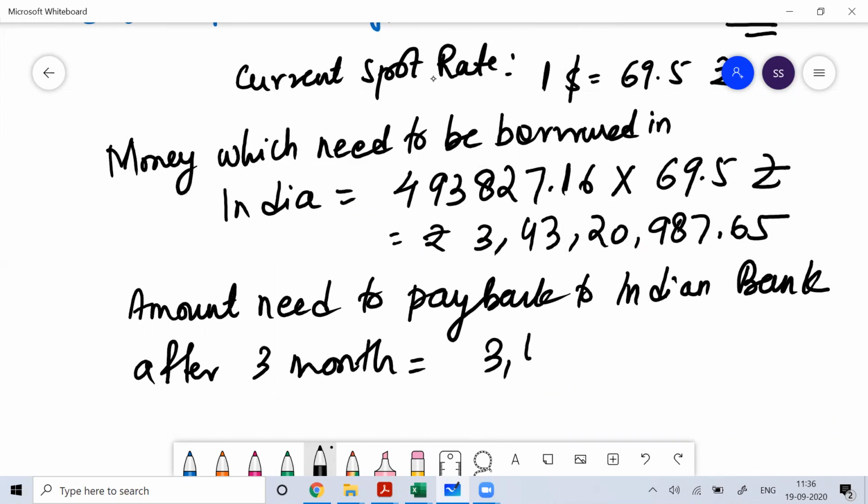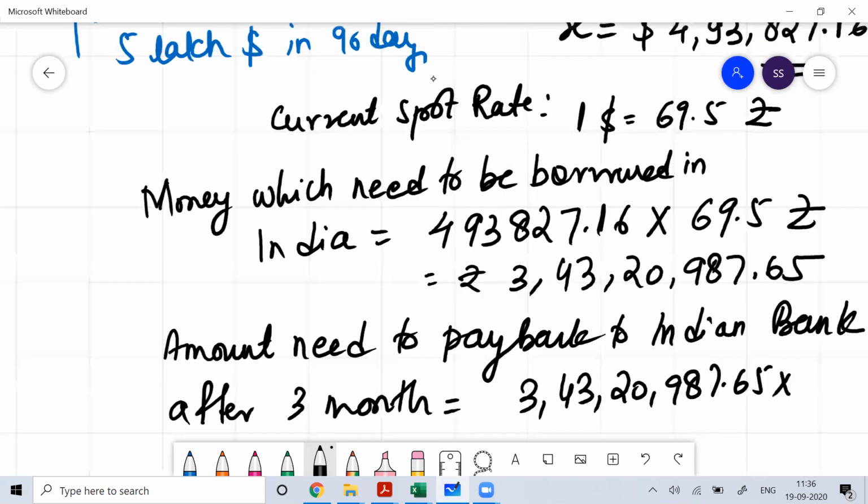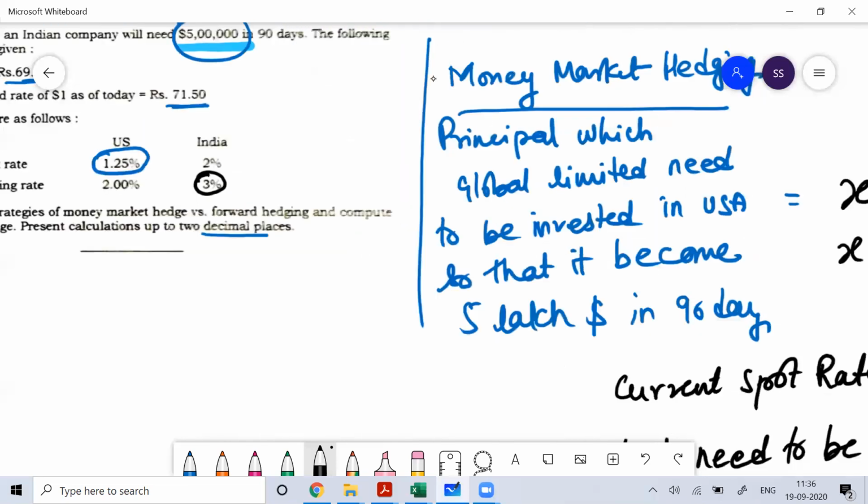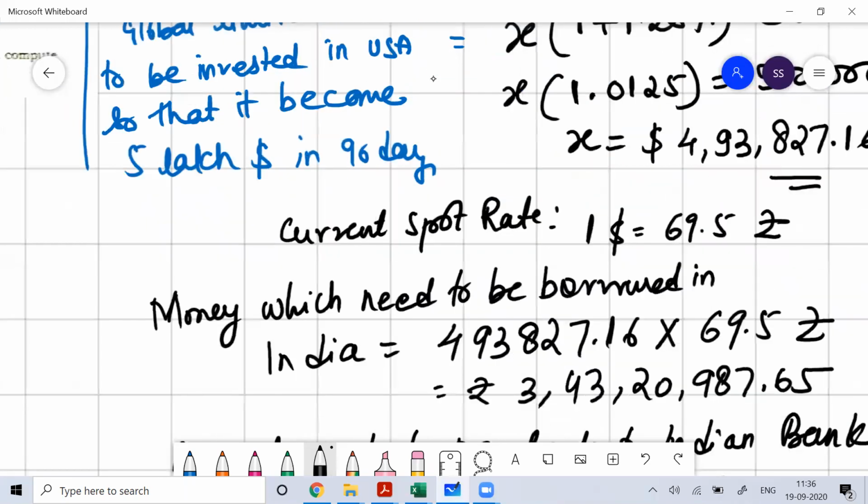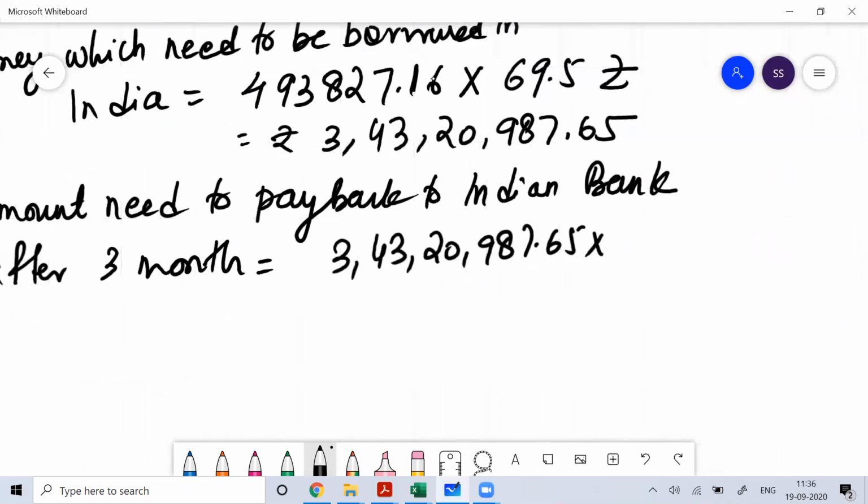That is 3 crore 43 lakh 20,987.65. The rate of interest in India is 3% for 90 days. So into 1.03.